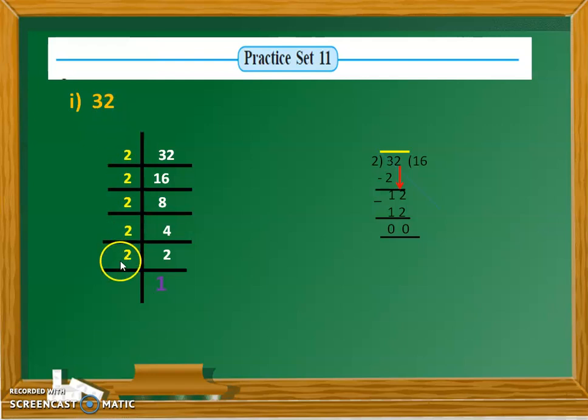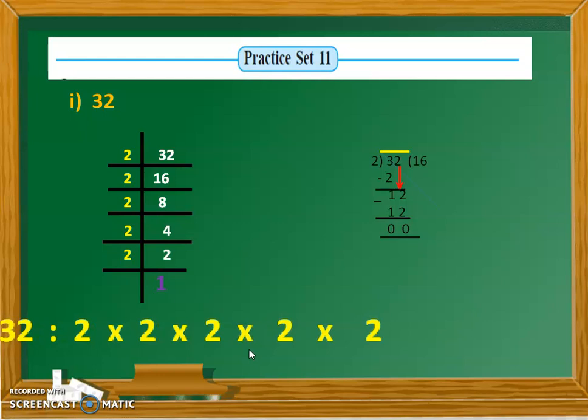This is a multiple of all these numbers. So how do we write the factorization? 32 equals 2 multiplied by 2 multiplied by 2 multiplied by 2 multiplied by 2. So this is the prime factorization of 32.